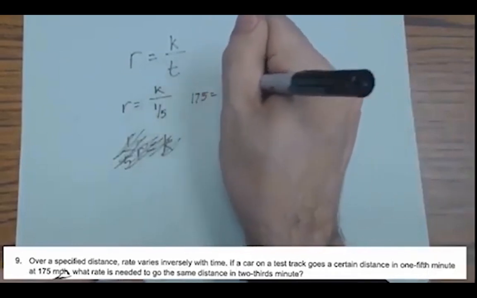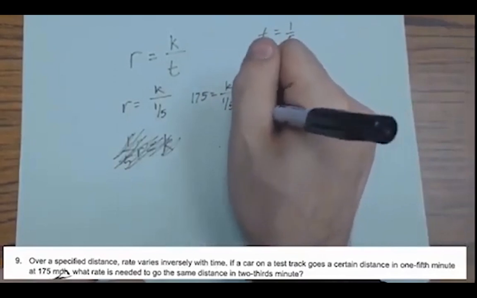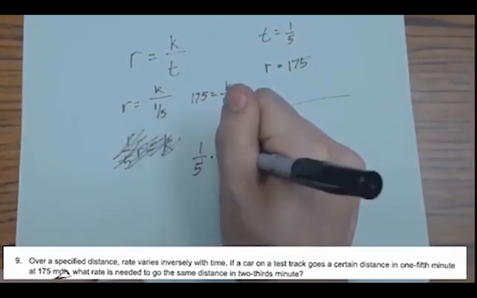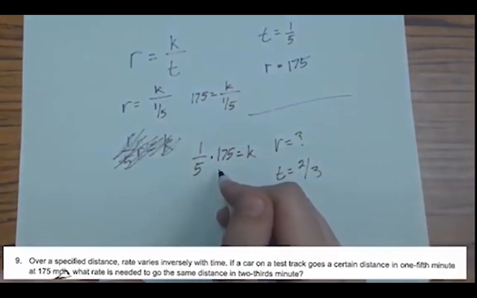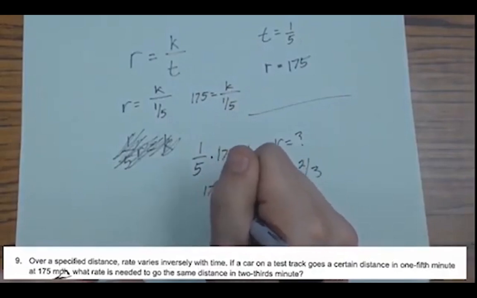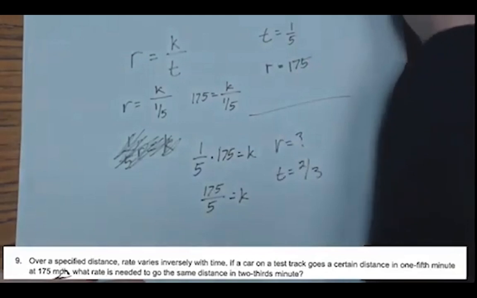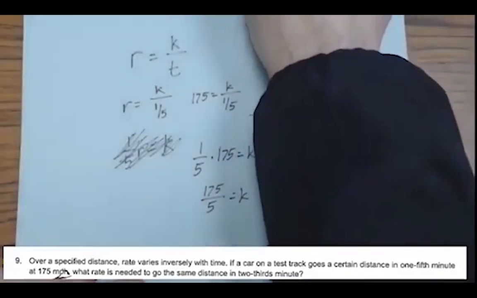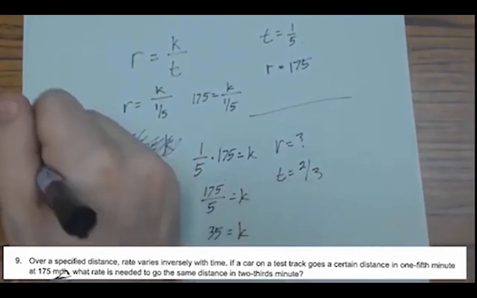So 175 equals K over 1/5. Dividing by 1/5, undoing that is multiplying both sides by 1/5. So we would have ended up in the same spot anyway. 1/5 times 175 is the same as 175 divided by 5. Which is 35. So K is 35.